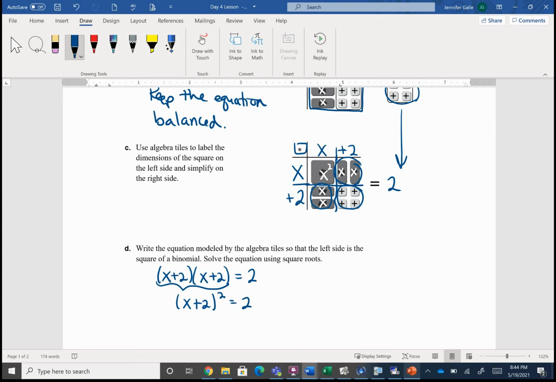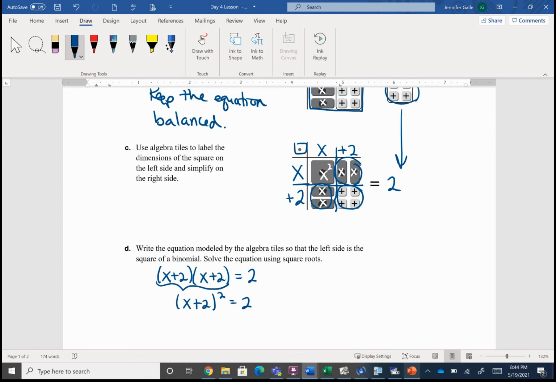So now notice on that left side we have a square. We have x plus 2 quantity squared. That's why this process is called completing the square. Once you get used to it, a lot of you will find it quicker than our factoring and even our quadratic formula at times.